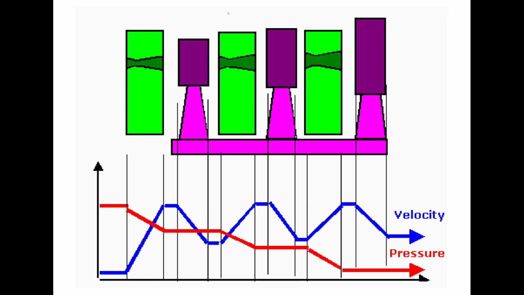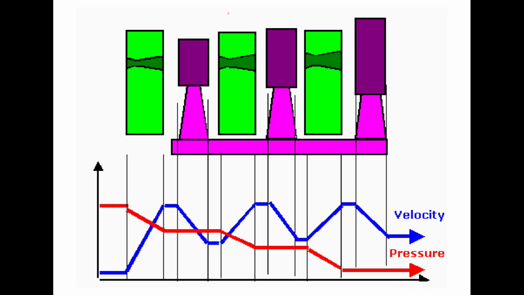So finally the moving blade starts to rotate by the torque applied through the steam force on the moving blade vane. Here you can see clearly that the graph is showing the pressure drop. In each and every stage the pressure is reducing as the steam enters and exits the nozzle.